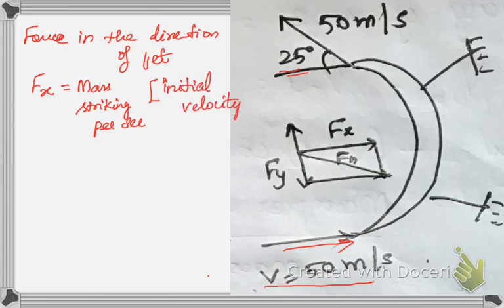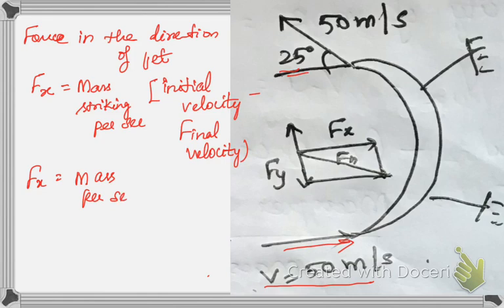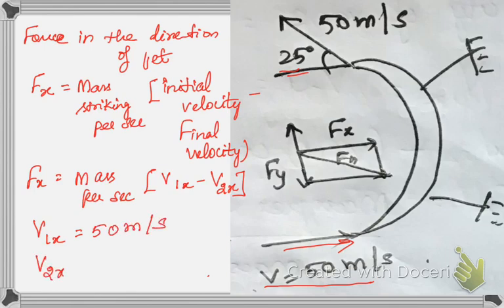So we can write our Fx as mass per second into v1x minus v2x, where v1x is my initial velocity and v2x is my final velocity. In the problem, my v1x is given to me, which is 50 meter per second. I have to calculate my v2x.